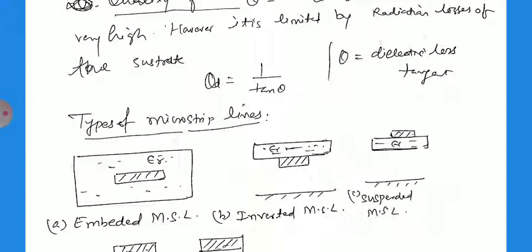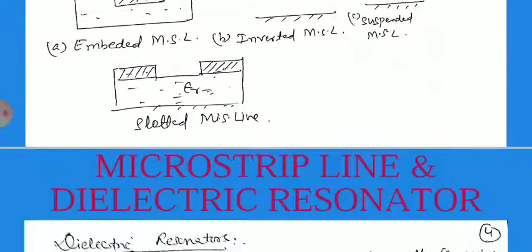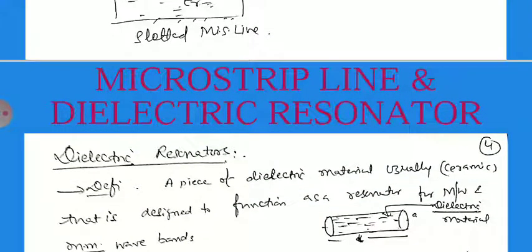The suspended MSL, where the dielectric and the strip are in between air. And lastly the slotted microstrip line, with a gap where the conductor is broken into two parts. Now the second part of this topic, that is dielectric resonators.